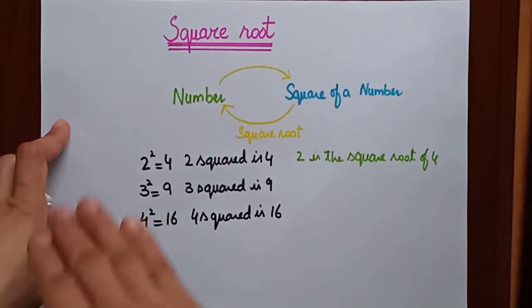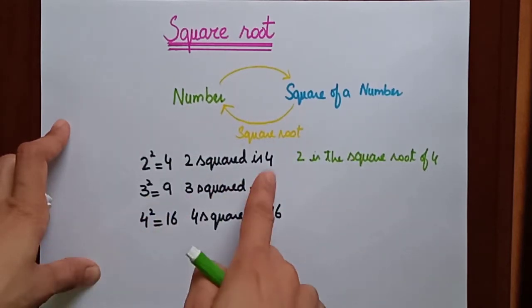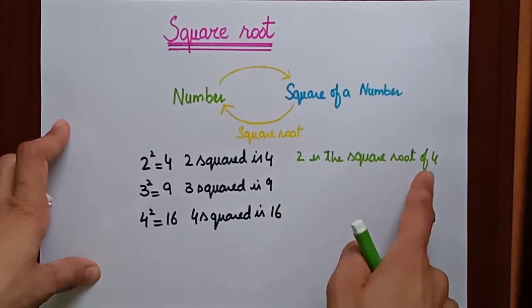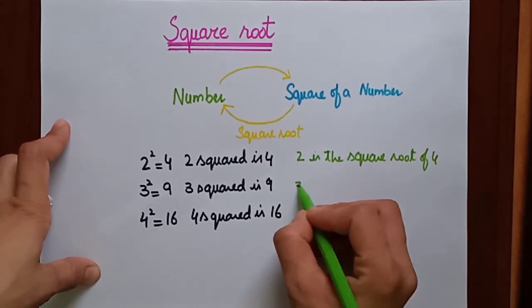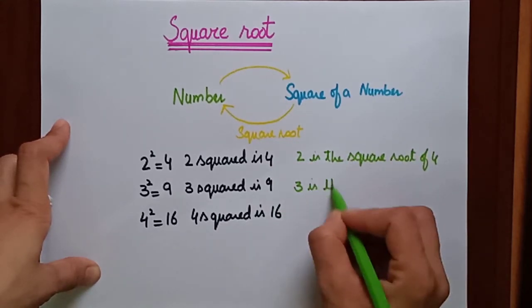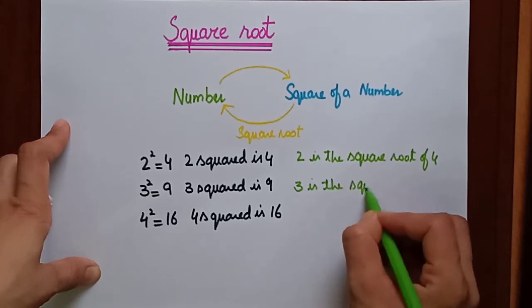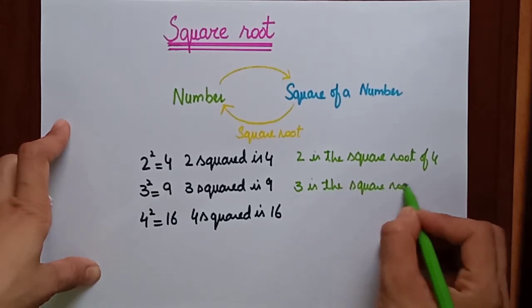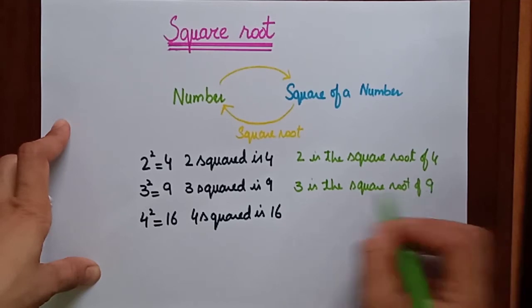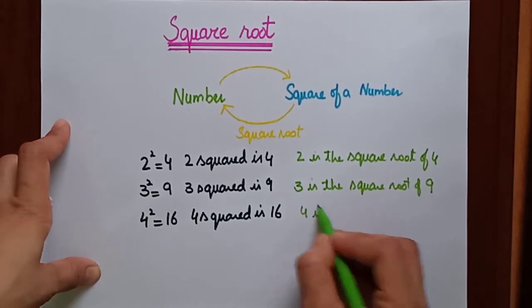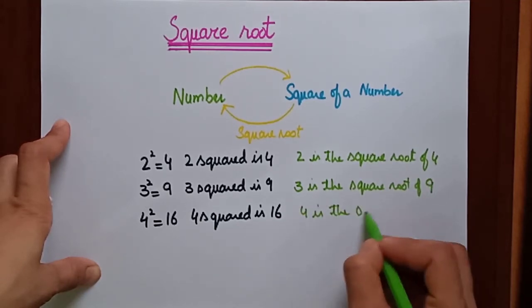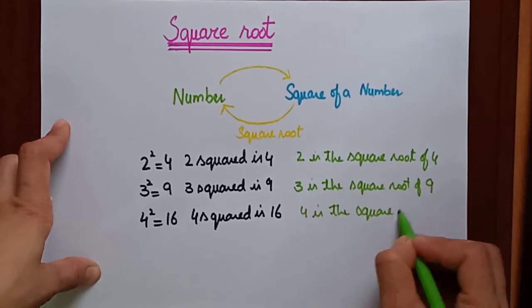We have to come back to the number from 4. 2 is the square root of 4. 3 is the square root of 9. 4 is the square root of 16.